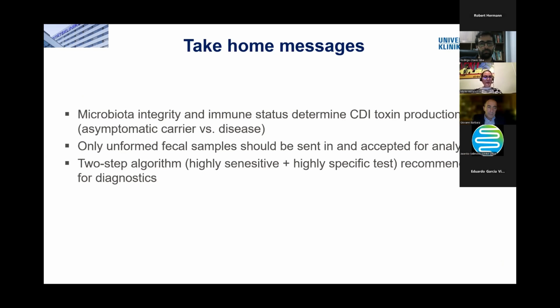We only want to send unformed fecal samples to the laboratory because we don't want to detect the carriers. We really want to detect diseased patients. And ideally, your laboratory would use a 2-step algorithm that is based on a highly sensitive and a highly specific test. Now I will stop sharing and hand over to Eduardo.